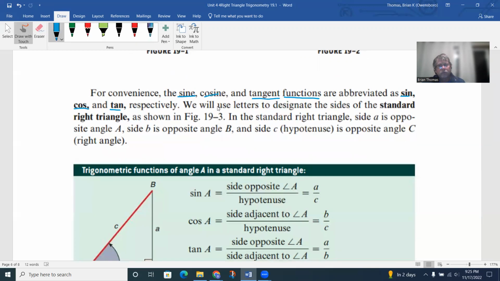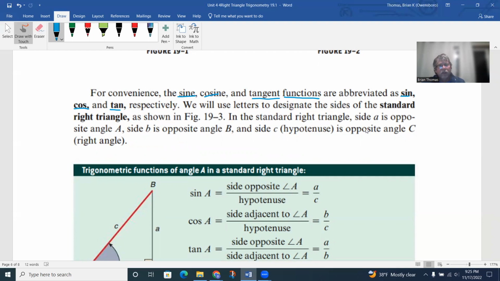A lot of times we're going to use letters to designate the sides of the standard right triangle. So like we were doing up there, we're going to be using letters to identify the sides of the right triangle.